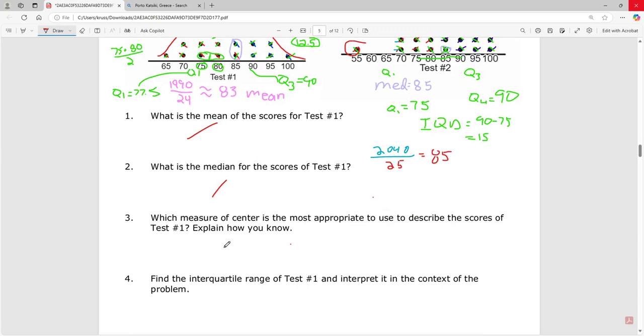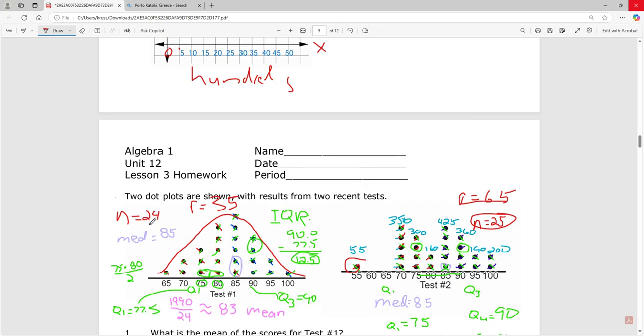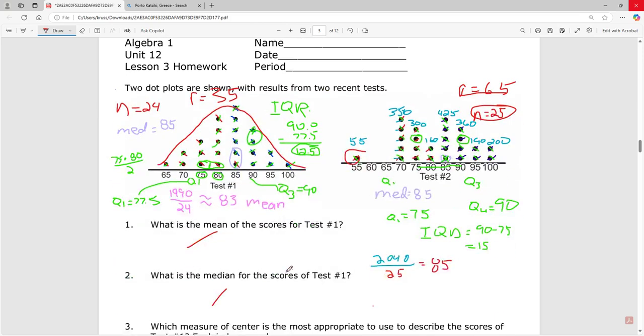Well, in this case, it's going to be the mean, because the data spread is low. Also, you could say the range is low, or the data is relatively close together and compact.